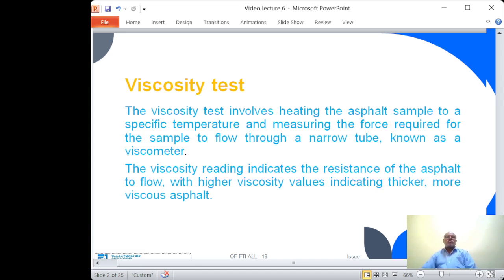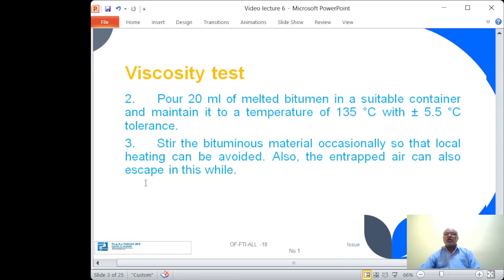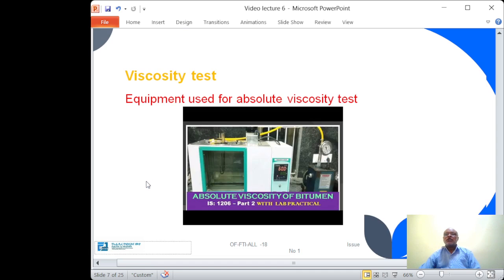By conducting viscosity tests at various temperatures, engineers can determine the optimal temperature at which the asphalt will flow most efficiently, ensuring the durability and performance of the material in real-world applications. Before getting into the procedure, let us see the equipment used for determining the viscosity of asphalt.